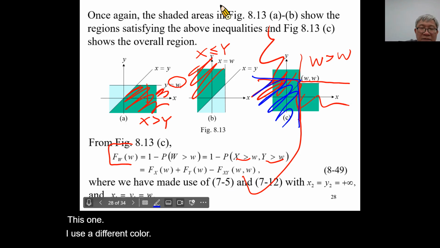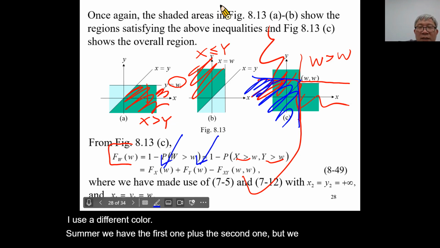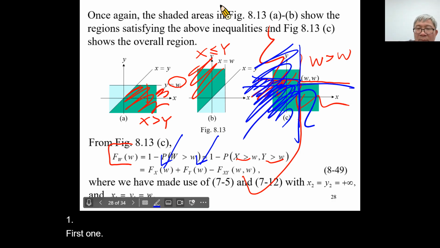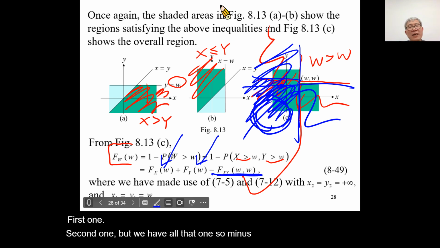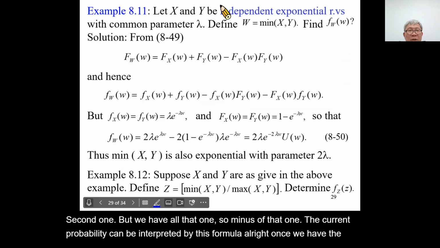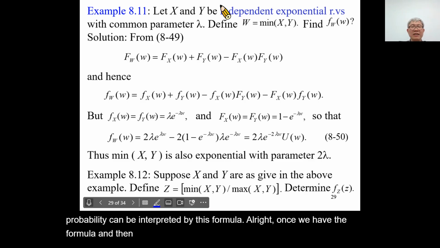We have the first one plus the second one, but we have the overlap one, so minus the overlap one. The current probability can be interpreted by this formula. Once we have the formula, then same, we can have the differentiation.